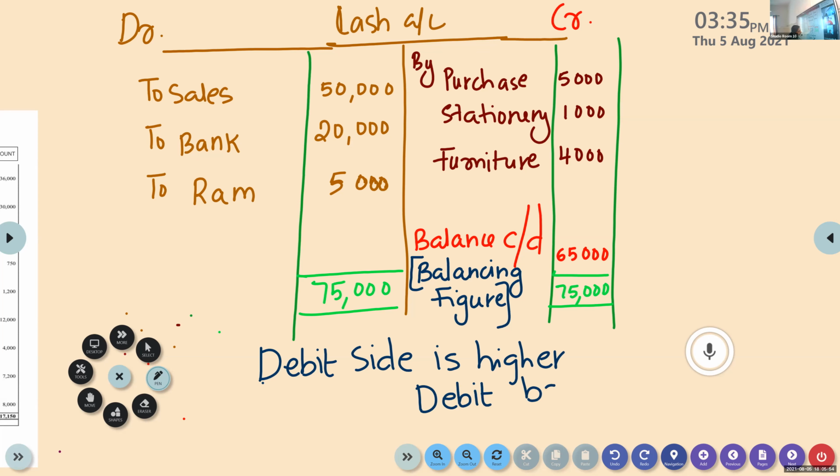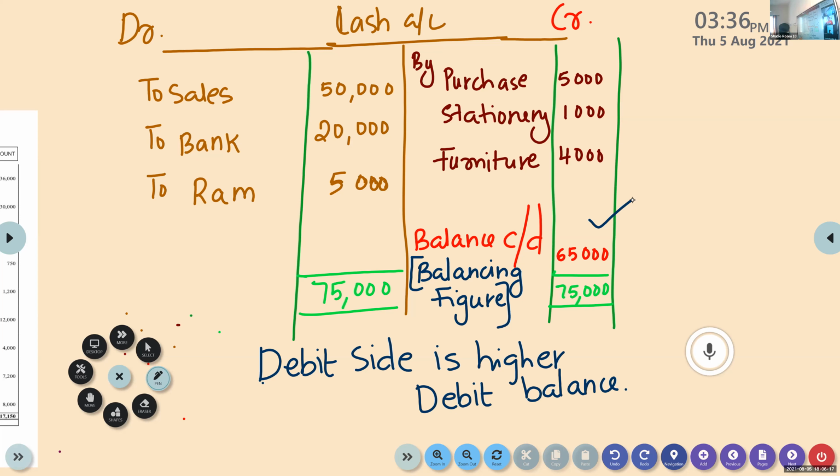That's why the difference amount came here, because that side was less.